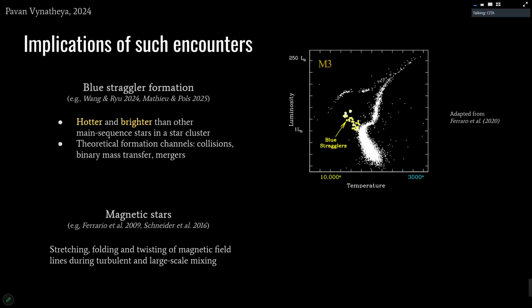This causes stretching, folding, and twisting of field lines, which increases the density of field lines and hence the magnetic field strength. Here, there's a caveat that in our simulations, we are assuming ideal magnetohydrodynamics, which means that magnetic field lines are frozen in to their materials. So whenever something twists, even the magnetic field line twists with the material.